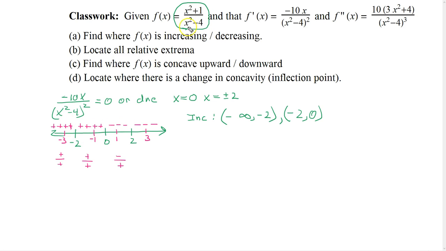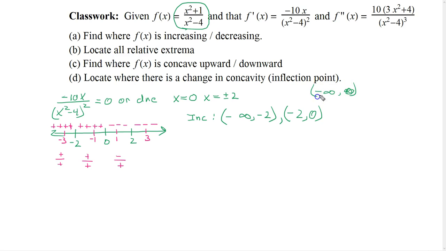If we put negative 2 in here for x, we get 0 in the denominator, and we would get 5 in the numerator. That indicates that we're going to have a vertical asymptote at negative 2. So the function has a break at negative 2.